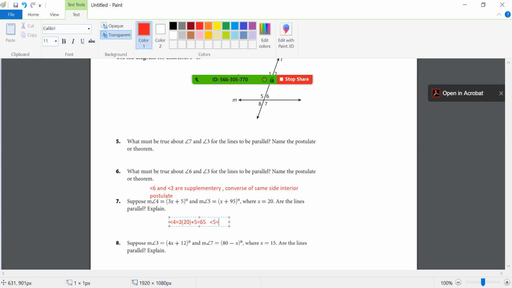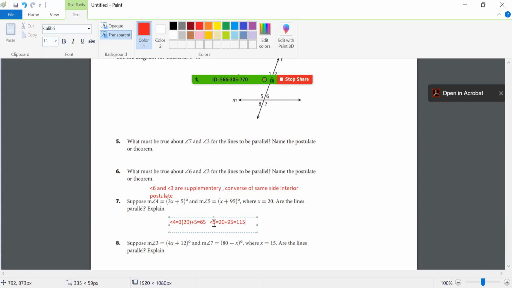For angle 5, it's going to be 20 plus 95. 20 plus 95 is, I think it's going to be 115. Let's check it together. 20 plus 95, exactly, yes, 115.